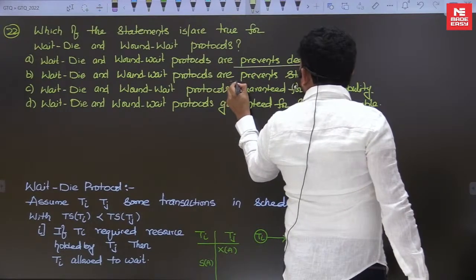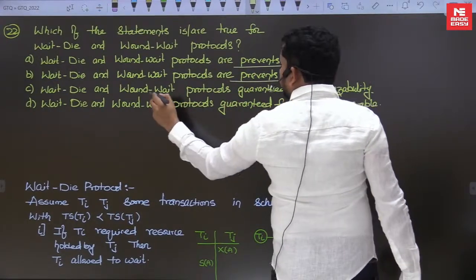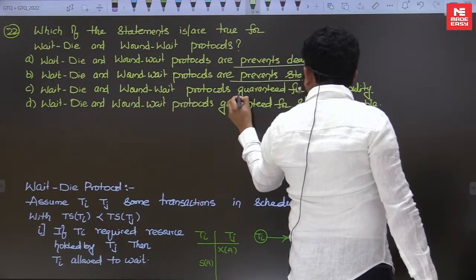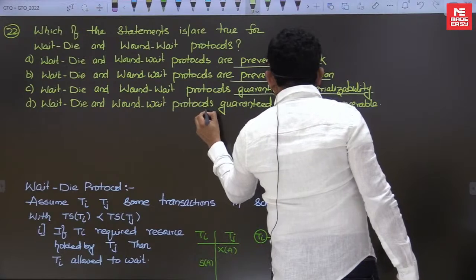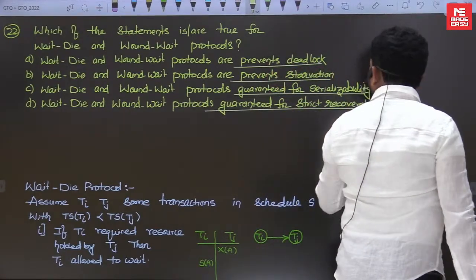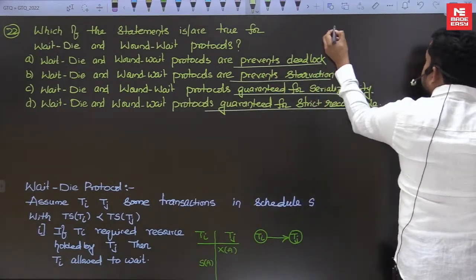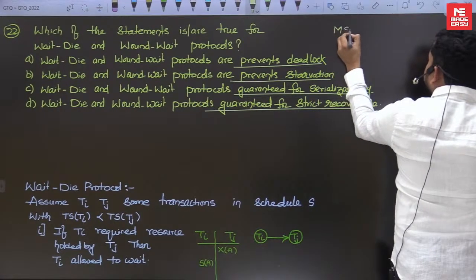Wait-die and wound-wait protocols prevent starvation. Wait-die and wound-wait protocols guarantee serializability, and wait-die and wound-wait protocols guarantee strict recoverability. It is a multiple selection question.